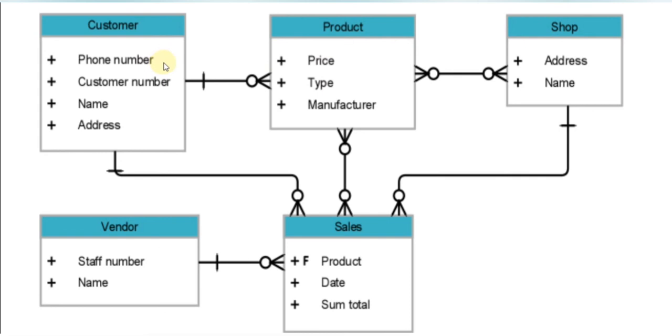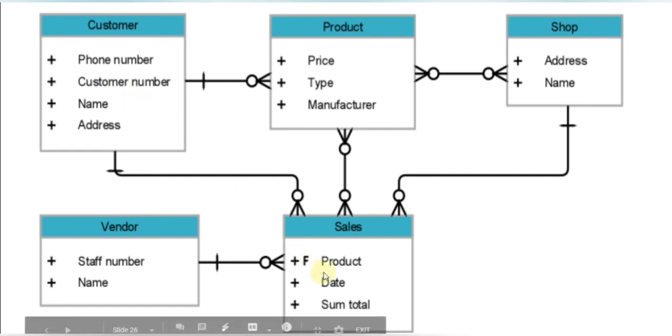If I consider customer and sales, customer and sales have one to many relationship, and sale and customer have many to one relationship. Similarly, shop has one to many relationship, and vendor and sale have one to many relationship.